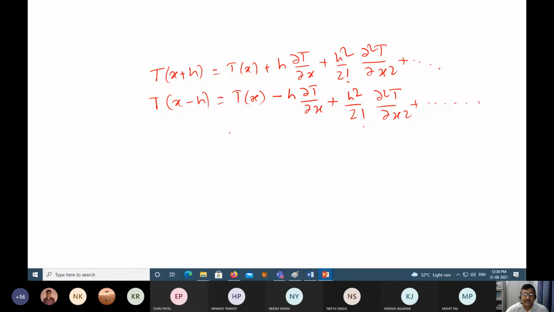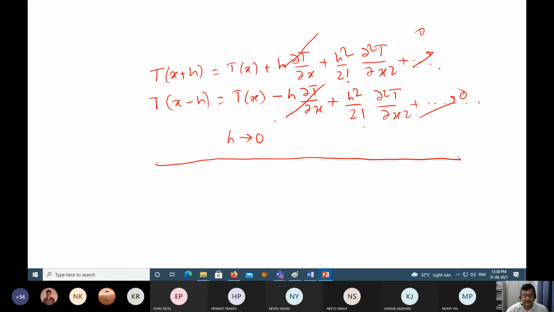And then I enforce h tends to 0 so that all these higher order terms I can neglect and they can be 0. Now, if I add these two, then what do I get? These two terms cancel out, right? And from there, what should I get?